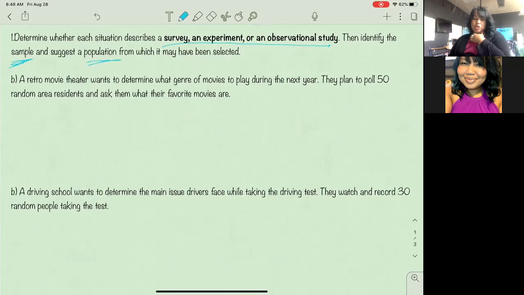So, question 1. A retro movie theater wants to determine what genre of movies to play during the next year. They plan to poll 15 random area residents and ask them what their favorite movies are. Okay, so this one is a dead giveaway. When they say poll, ask questions, that is a survey. And then the sample is random area residents.